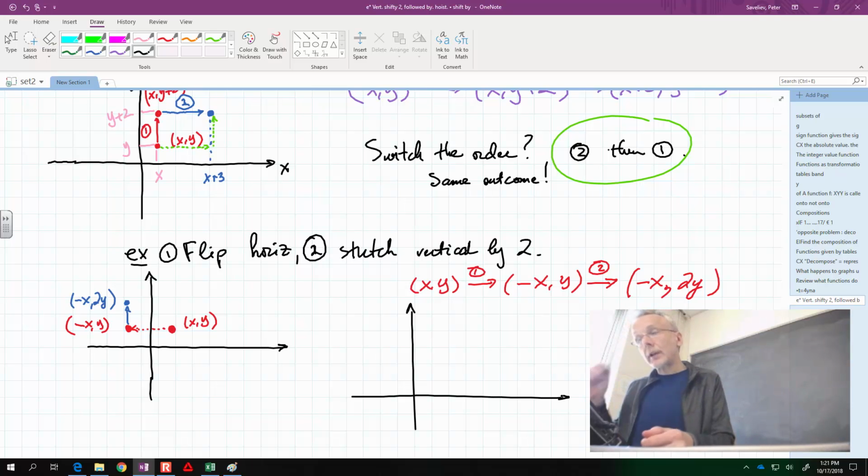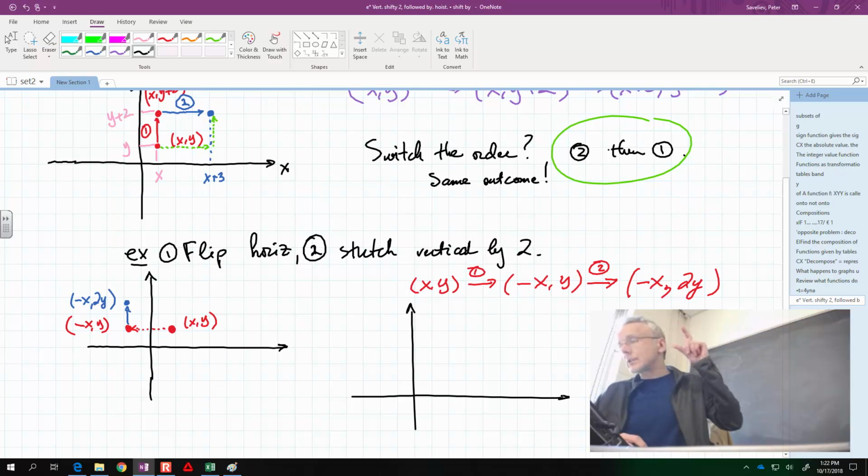But the stretch changes the geometry of the plane, so the distances change. In this particular case, the vertical distances double. The horizontal remains the same.